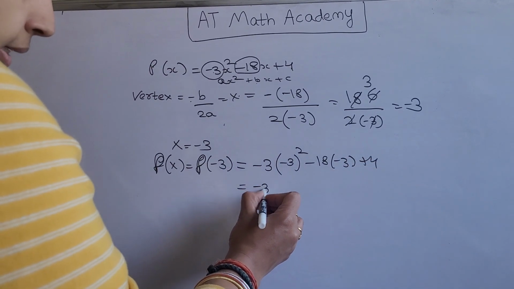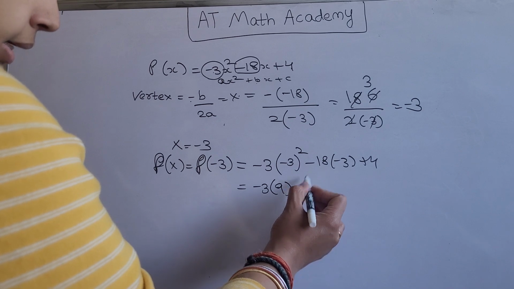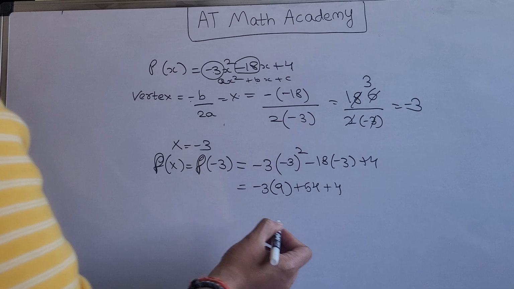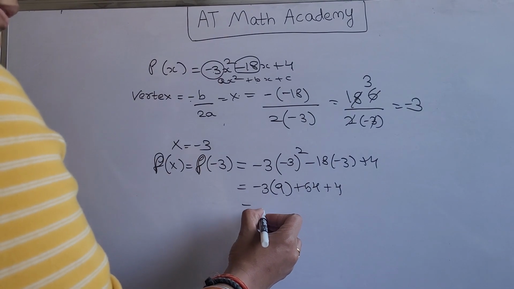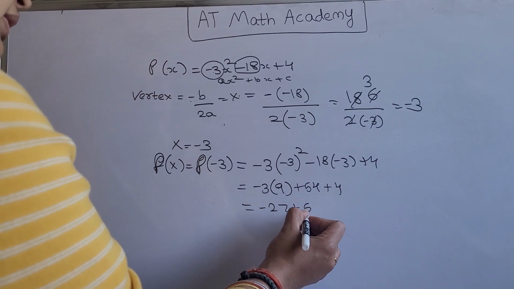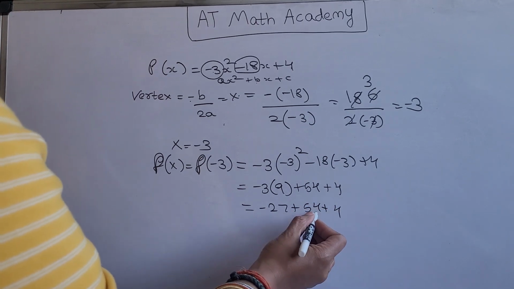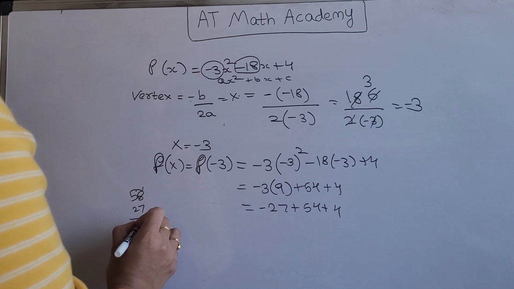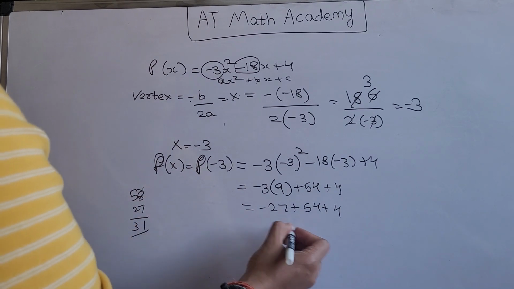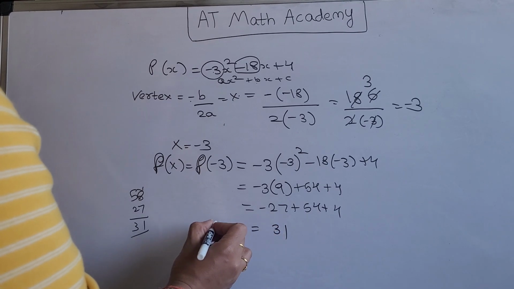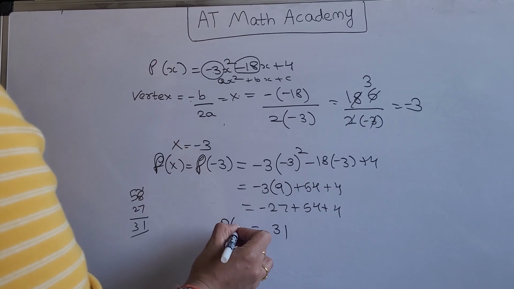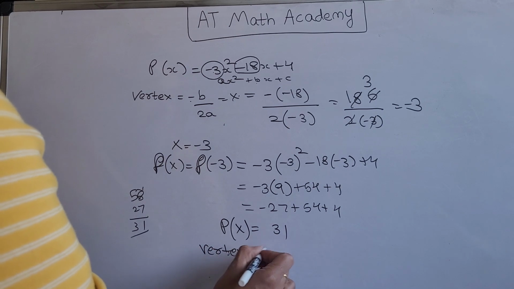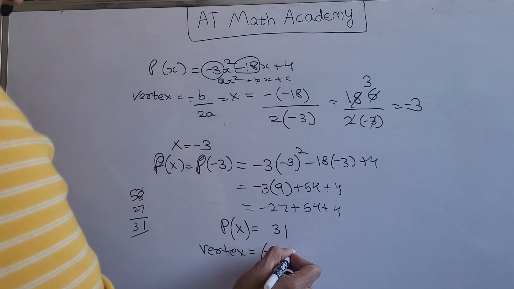Minus 3 times 9 is minus 27, and minus times minus is plus, 18 times 3 is 54, plus 4, which is 58. So 58 minus 27 is 31. So this is the y coordinate, and the vertex here is minus 3 comma 31.